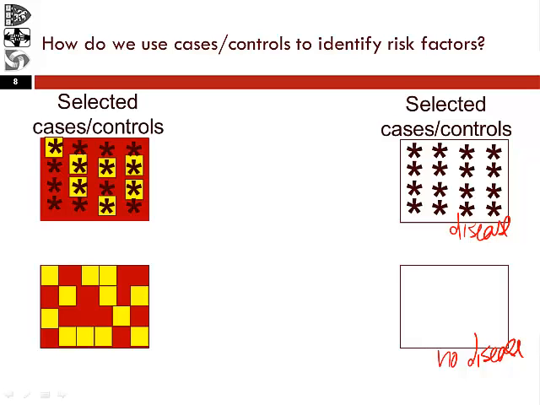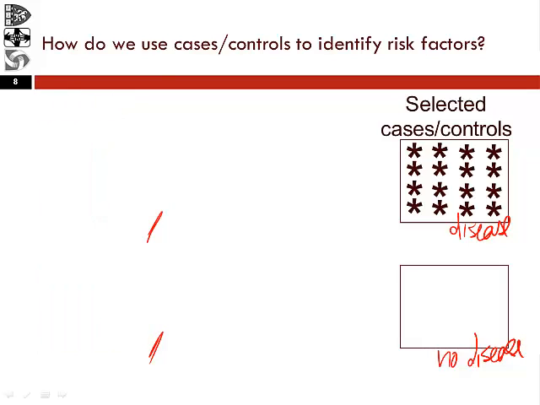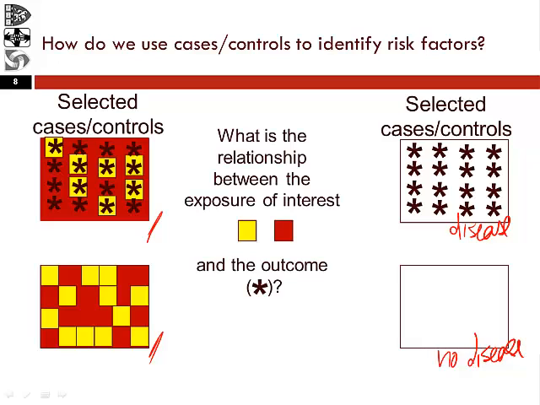Previously, in those who have the disease, who was exposed and who was not exposed? And in those who do not have disease, who was exposed and who was not exposed? And I try to see if exposure is different between those who are cases and those who are controls.